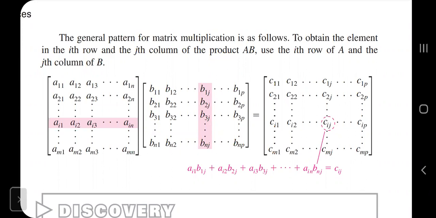If you look at the bottom in red, it says Ai1 times B1j, plus Ai2 times B2j, plus Ai3 times B3j, and so on and so forth. All those numbers that I'm crunching finally give me the one number, Cij, which is the entry in the ith row, jth column of my product matrix. And that is how matrix multiplication works in general.